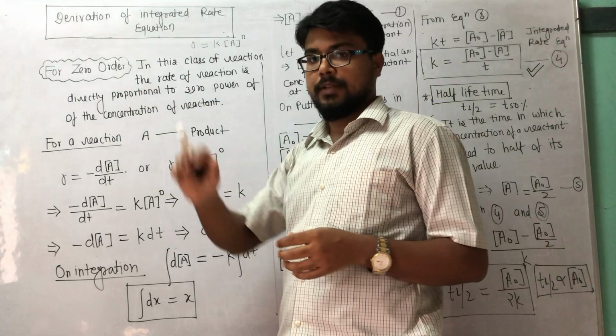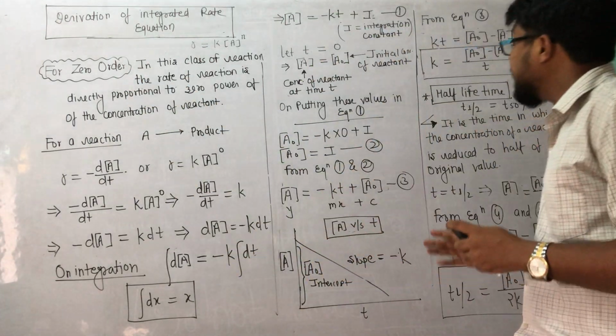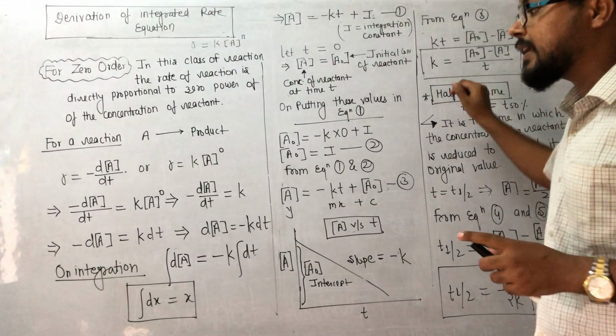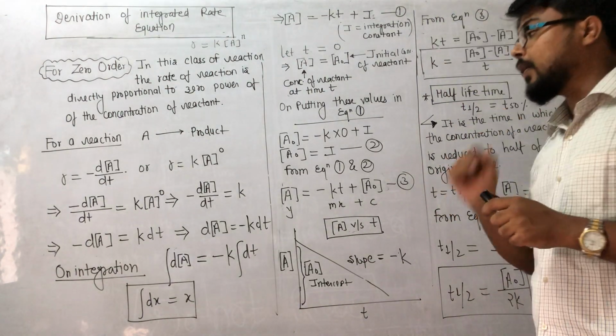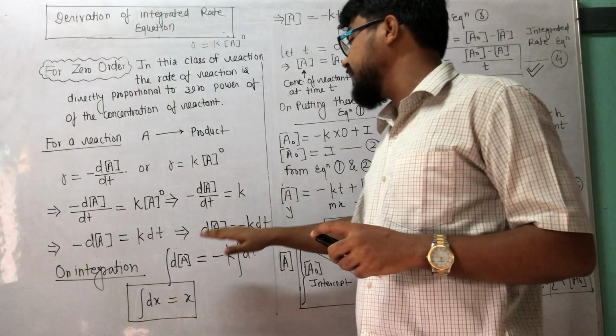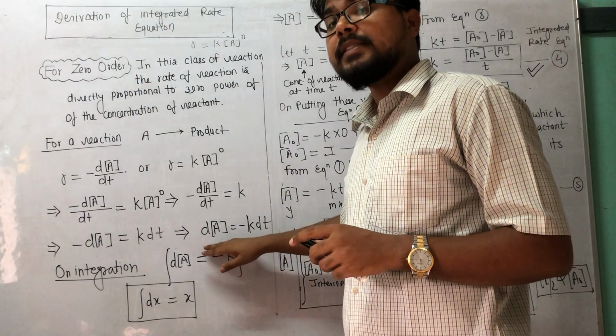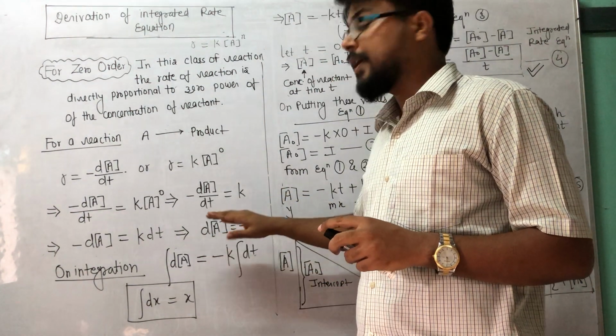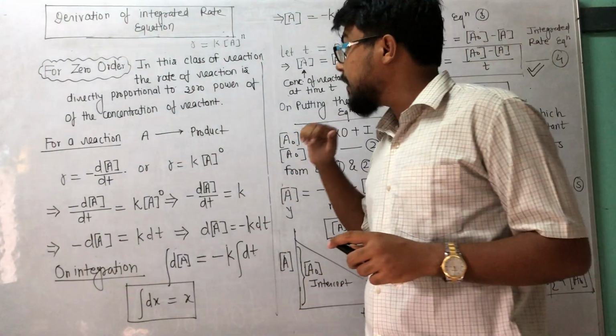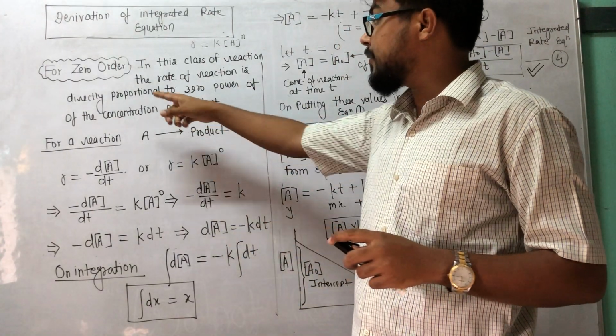For zero order. And this is the differential form of the rate equation.